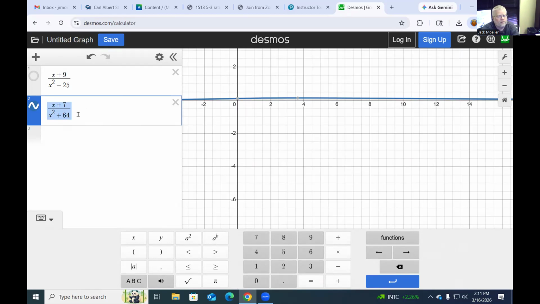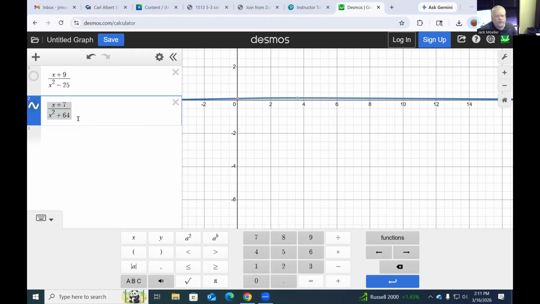The domain on this one is all real numbers, which is negative infinity to positive infinity. Remember, I briefly mentioned that not every rational function has a vertical asymptote. This is an example of one that does not. If you don't divide by 0 with a real number, you don't get a vertical asymptote because the domain is all real numbers.